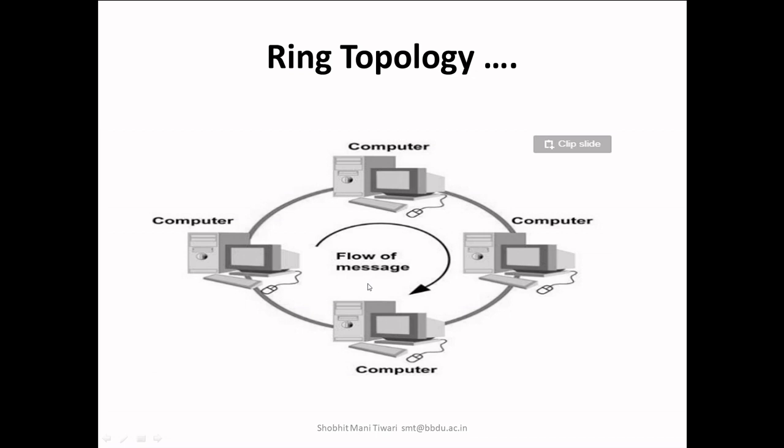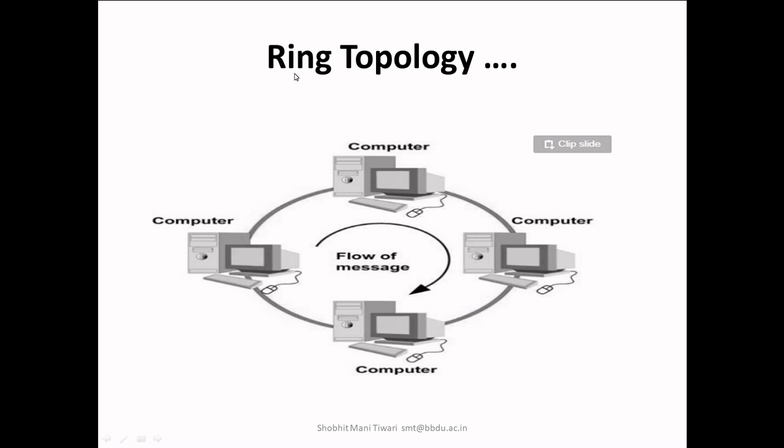First is anti-clockwise, second is clockwise direction. So if the clockwise direction fails or gets disturbed, then the anti-clockwise connection will be working, and hence there will be no stop or breaking of flow of information or message between any interconnecting devices.